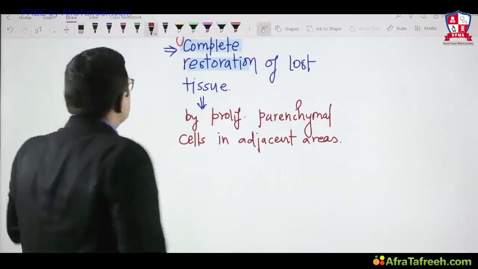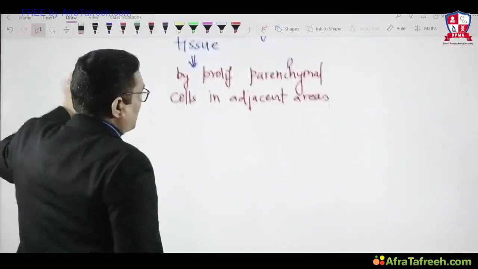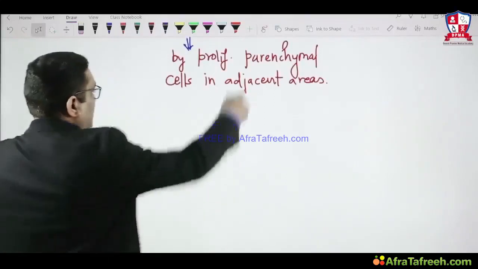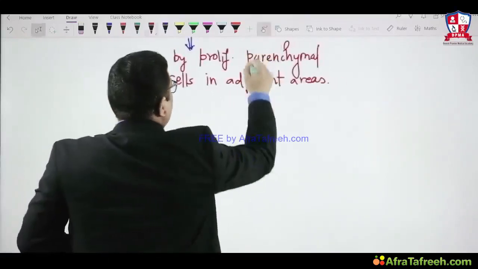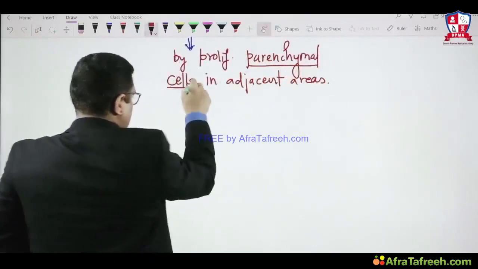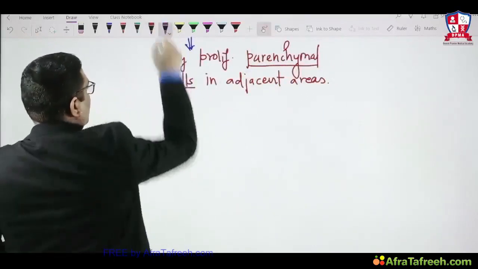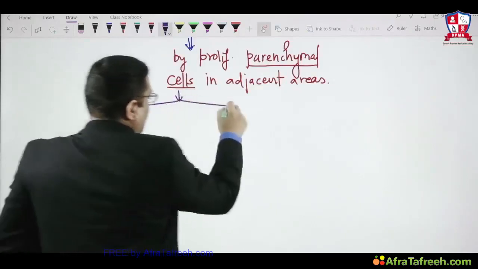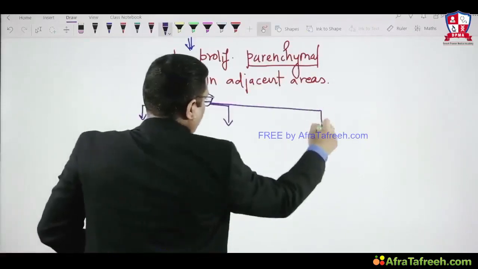On this basis, I would like to tell you a brief thing which DNB or NEET people usually ask in exams. What kind of parenchymal cells do we see in our human body? Here I would like to tell you these parenchymal cells are of three categories, just a brief introduction.